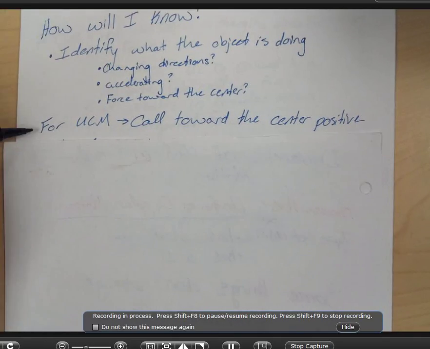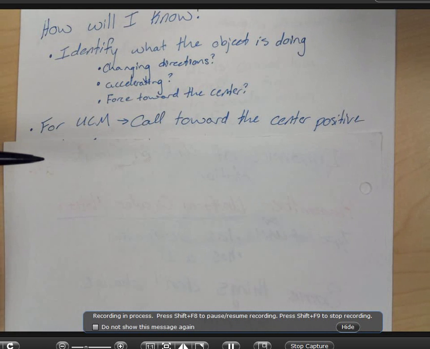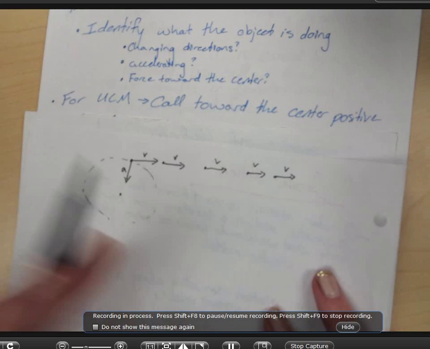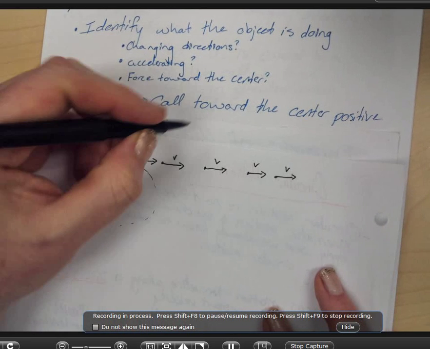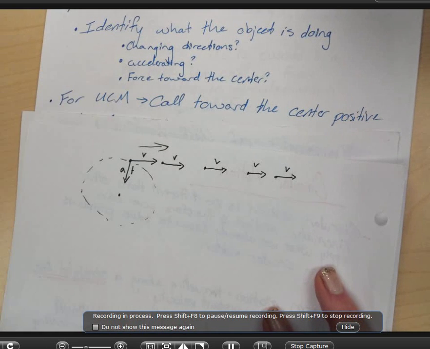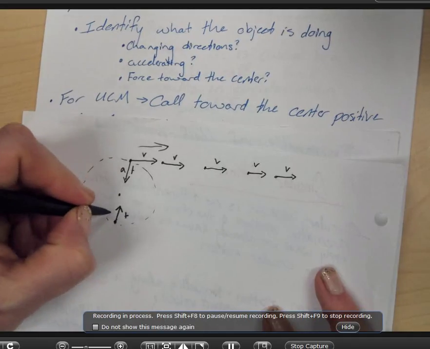So to solve a free body diagram for uniform circular motion, we're always going to call toward the center of the circle positive. So that means that, pulling back our nifty little drawing, we're not going to establish this direction as positive. We're going to establish toward the center of the circle as positive. And so if we're down here, we're still going to call toward the center of the circle positive.